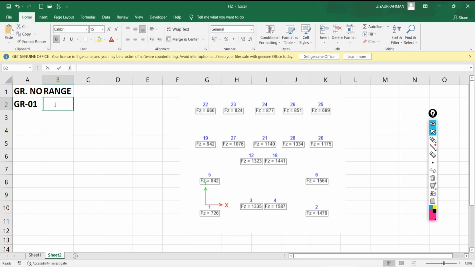First range, I'm going to take 500 to 700.